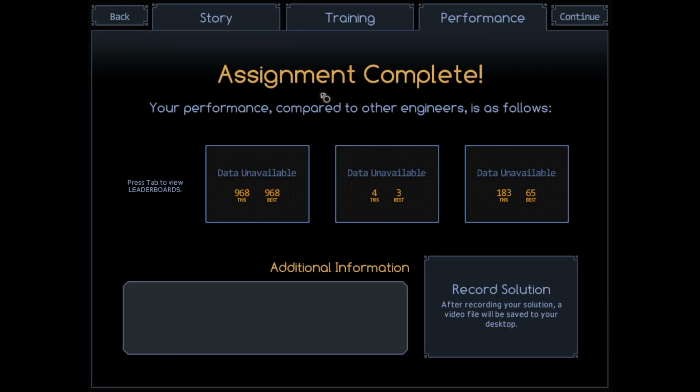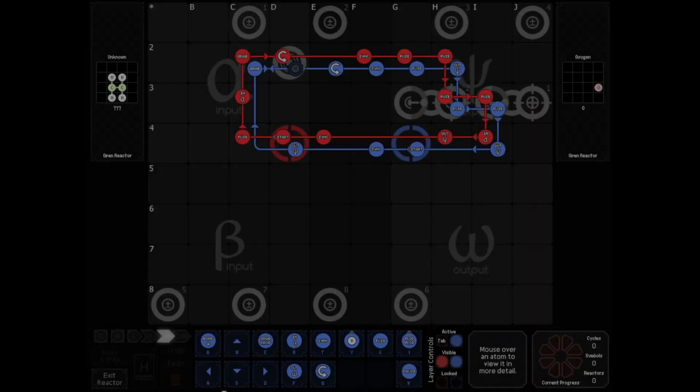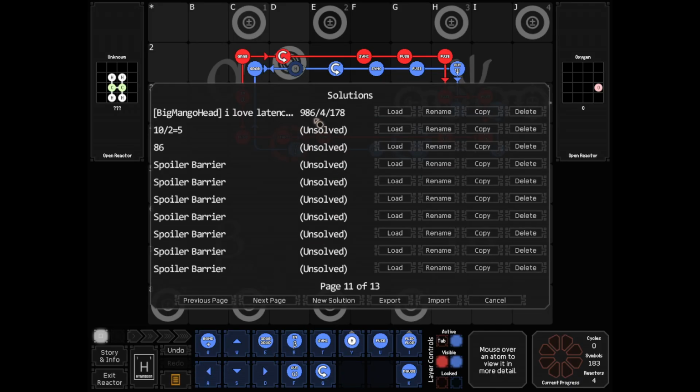So this is only 968 cycles compared to the previous 986 by Big Mango Head. So it wins by 18 cycles, I think. Yeah, definitely congratulations to both of you for having such good solutions. And it's just a little bit of latency in between them. Yeah.